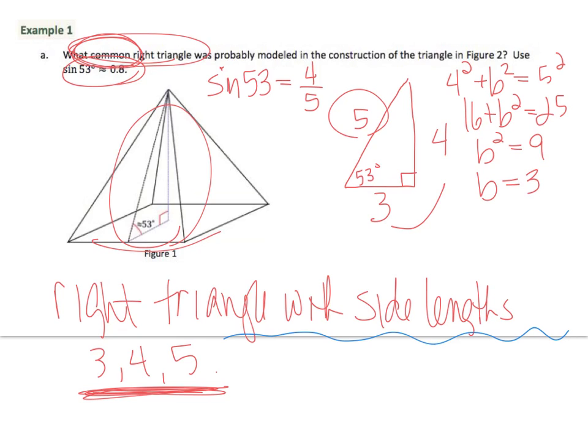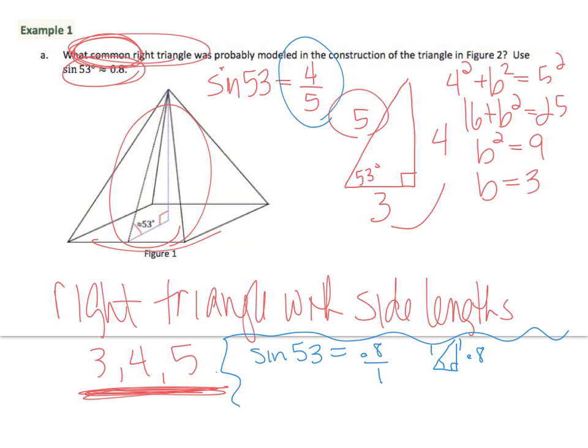At this point, I'm going to point out, if you struggled with that, you could have just kept it sine 53 equals 0.8 over 1, labeling your triangle like that. So I would have my sine opposite over hypotenuse, 0.8 and 1.